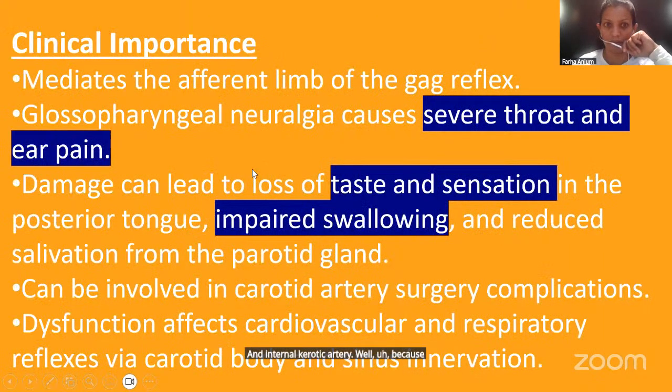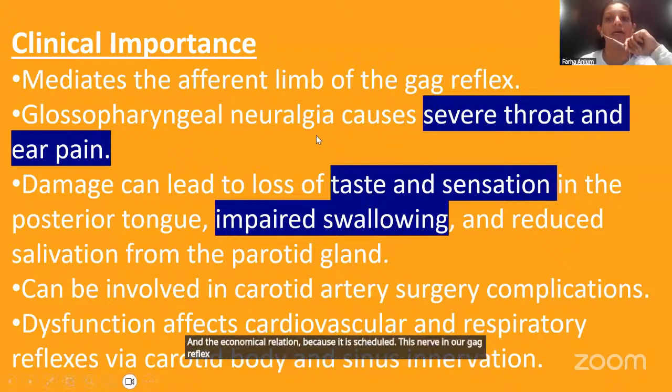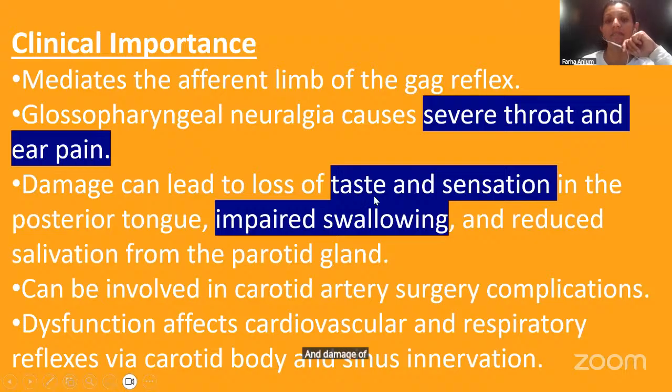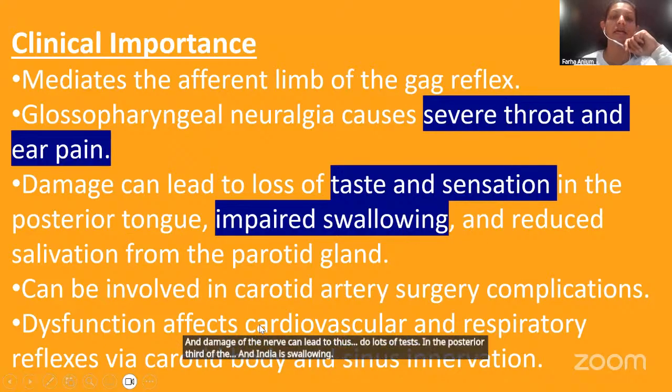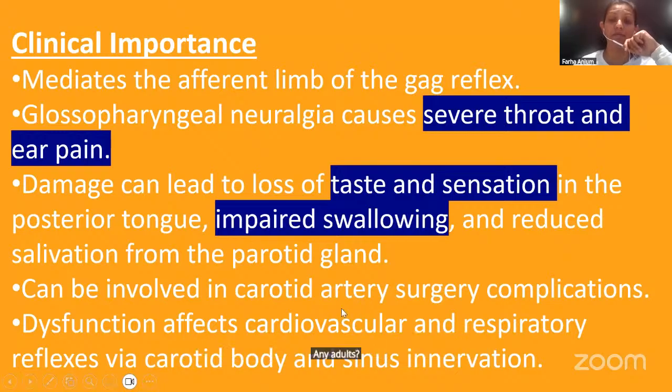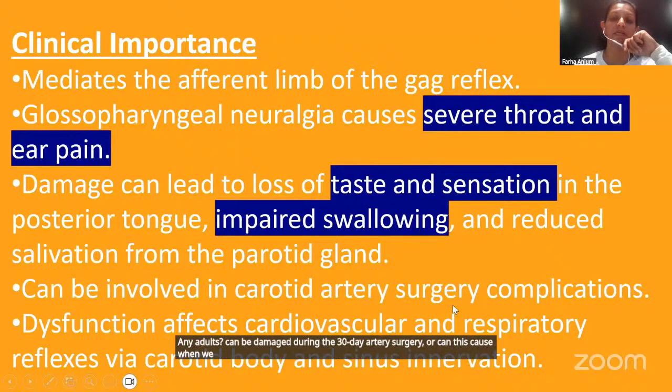So what is the importance? Why are we learning the origin, the pathway and the anatomical relation? Because this nerve carries the innervation for our gag reflex, and it causes severe ear pain, and damage to the nerve can lead to loss of taste, loss of sensation in the posterior third of the tongue, and impaired swallowing. It can also be damaged during carotid artery surgery, or compressed.